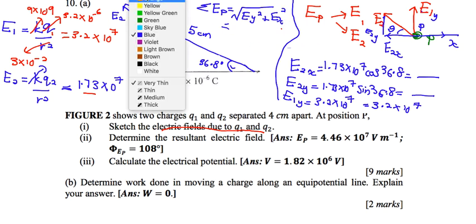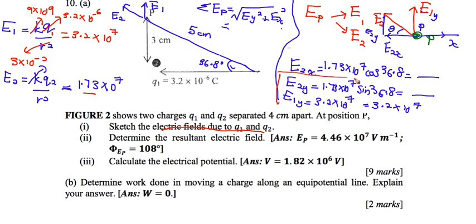This is the total for Ey, and this is the total for Ex. But make sure for E2x, the direction is to the left, so you must have a negative sign here, and E2y is upward, so this is positive. The same for E1y, which is upward, so it is positive. But E2x is negative because the direction is to the left.